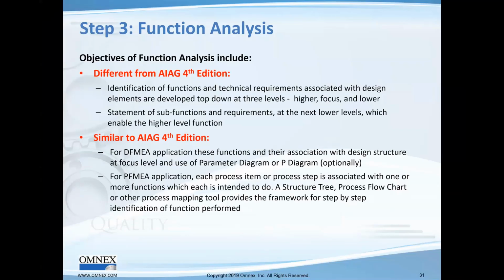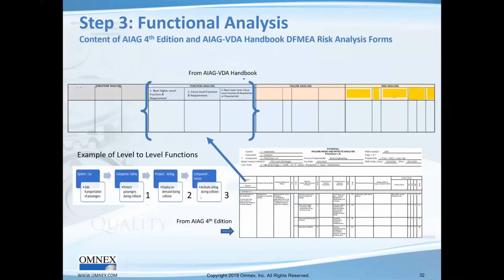Both methodologies called for a P diagram optionally, and the function analysis step is similar to each other: in the function analysis of the focus level, it was always characteristics, okay? It's there currently also. All right, just a little bit here, which I already pointed out to you earlier, the one big difference: you have the item, which used to be the number 2 there, but now you have it in 3 different columns, all right? The BOM being represented and the functions and requirements at higher and lower levels.